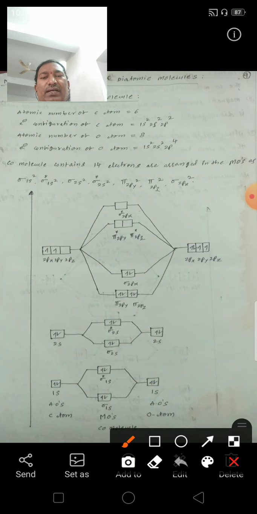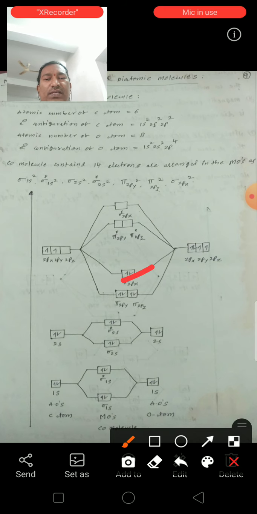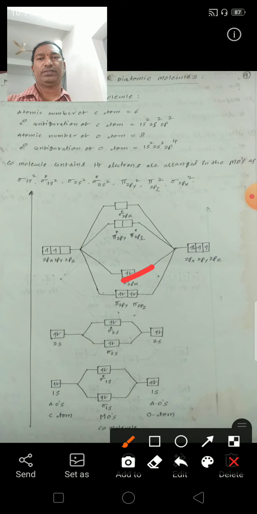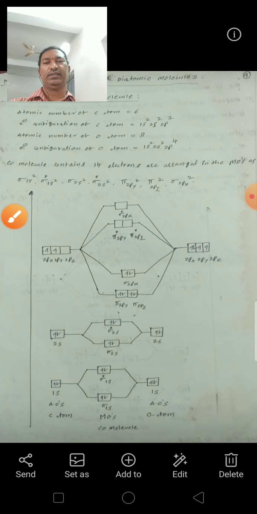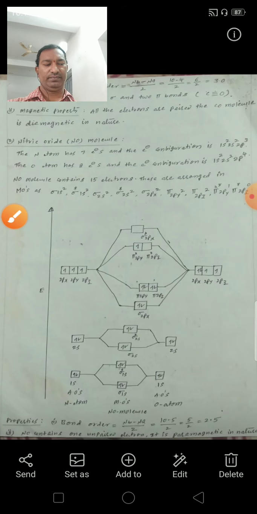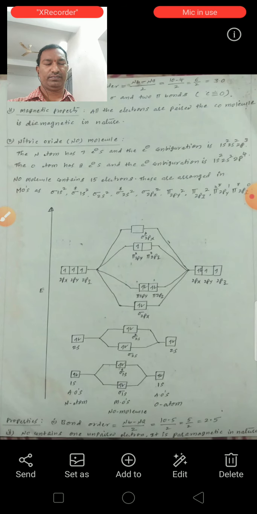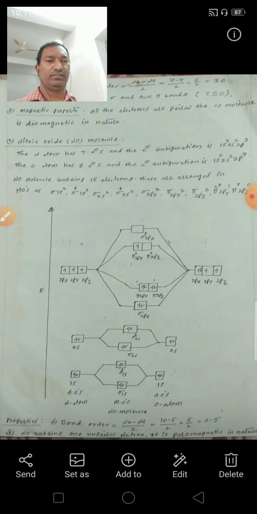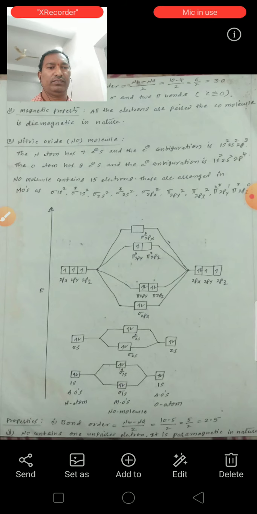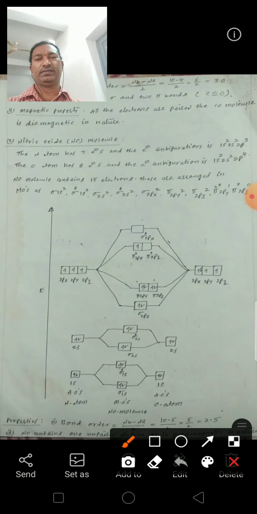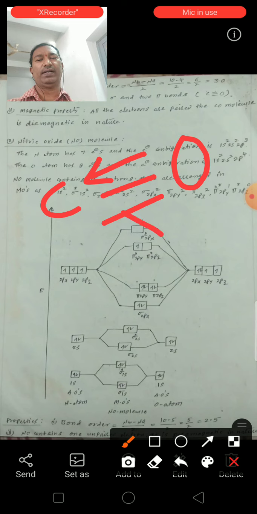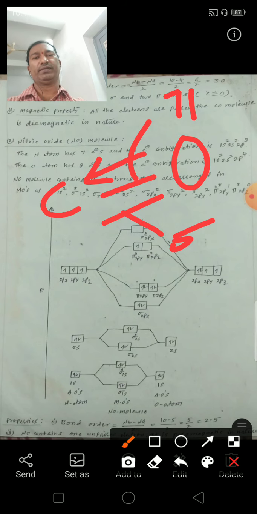Next, 2 electrons in sigma 2px. So the total of 14 electrons is completed. Now the bond order is 3. The CO molecule has 1 sigma bond and 2 pi bonds.